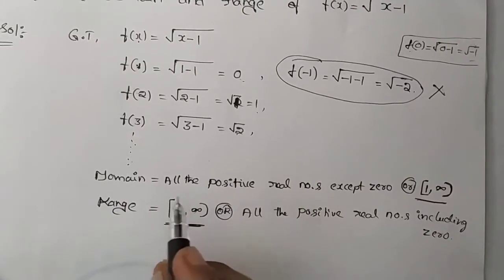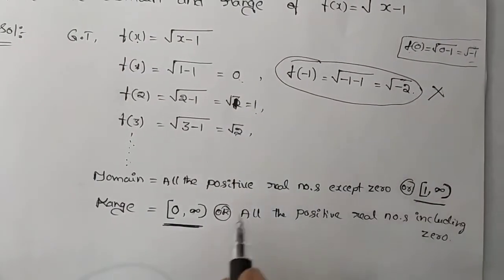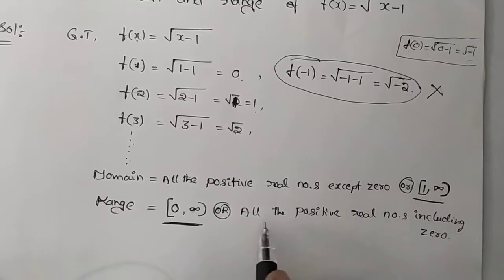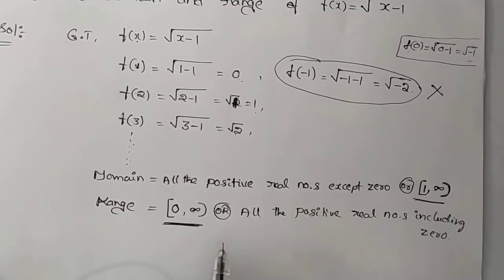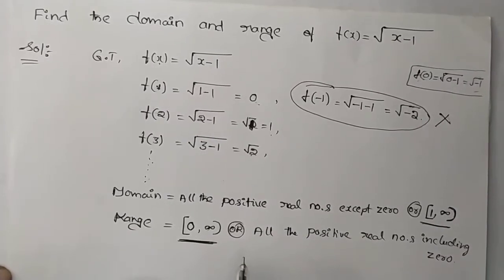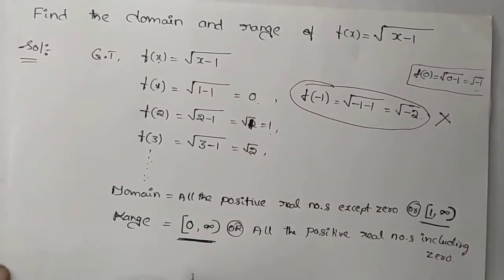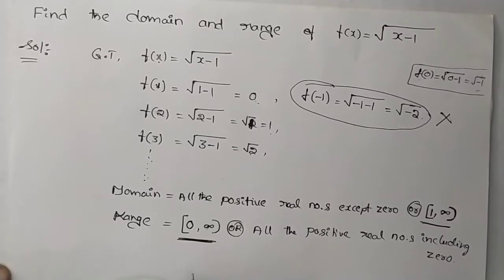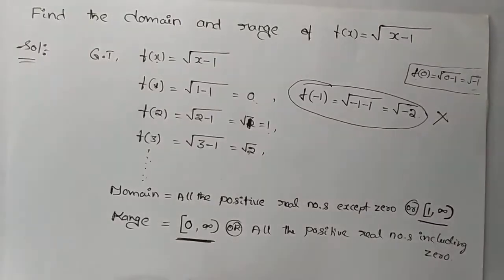Or else you can write it in sentence form like this: all the positive real numbers for the domain, and all the positive real numbers including 0 for the range. Hence it is the domain and range for the function f of x equals square root of x minus 1.